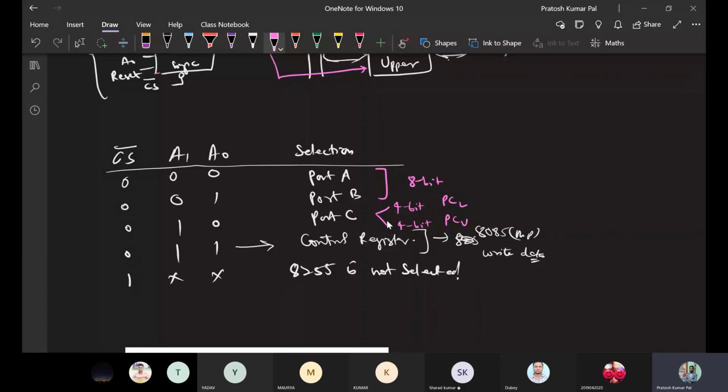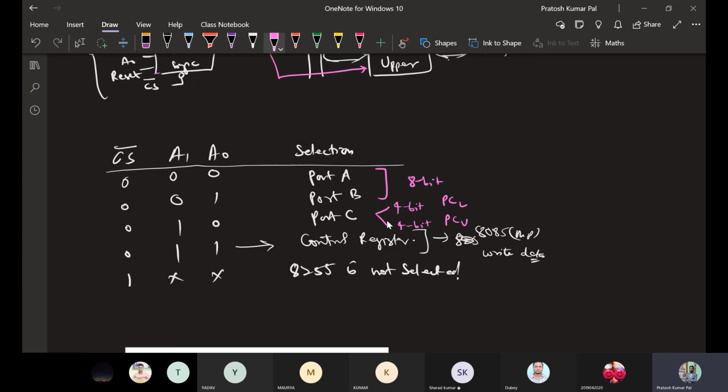So there are basically three ports, and we can have all these three ports of 8-bit, but we can convert it to four ports such that port A will be of 8-bit, port B will be of 8-bit, and port C will be of two types. One is PC lower and the other PC upper, that is of 4-bit.